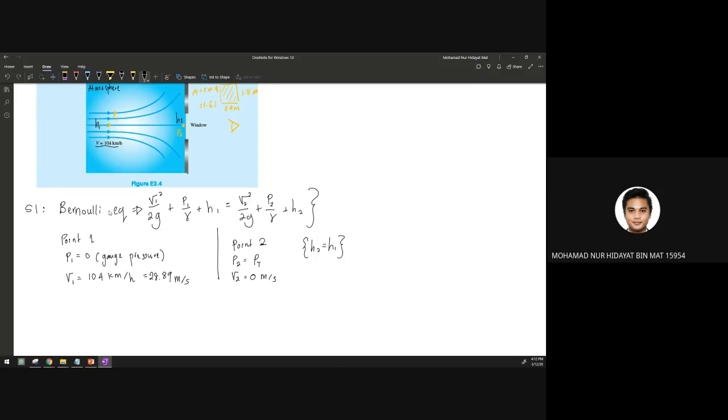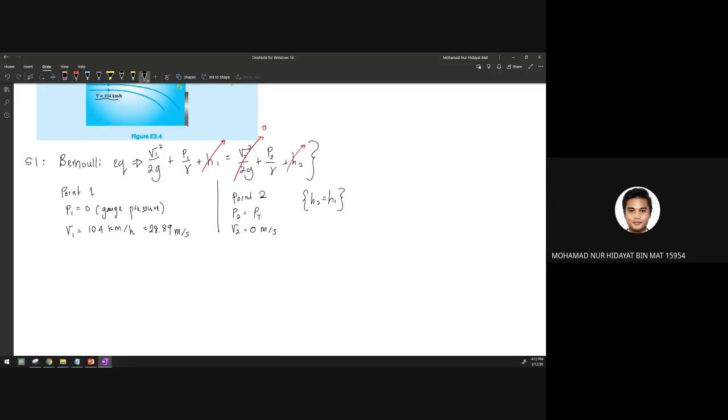So from here, which one can we cancel? We can cancel out this one, 0, because velocity is 0. H1 and H2 are the same. So if you try to shift to the other side, it will cancel. It is not 0, but you cancel it. And then only 3 components are left. So you only have 3 components.